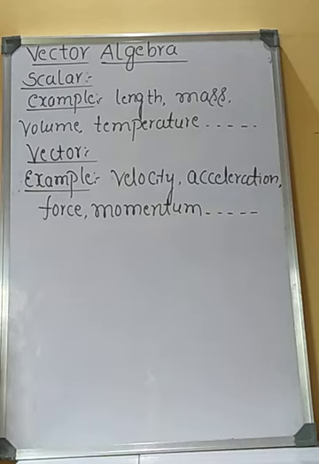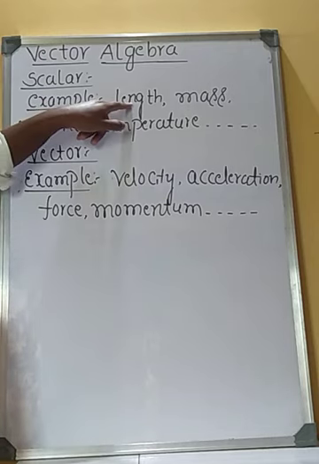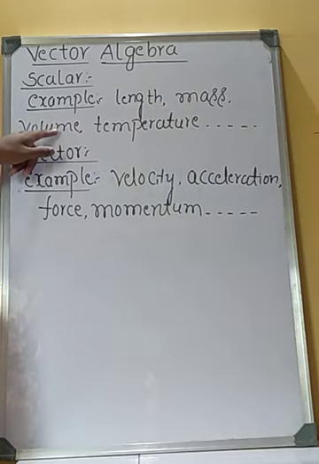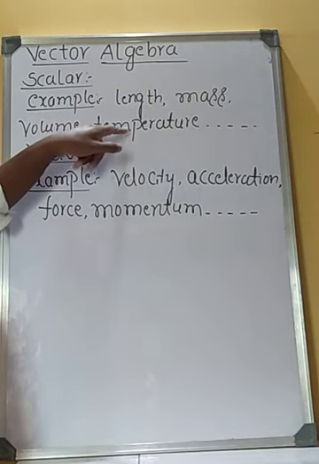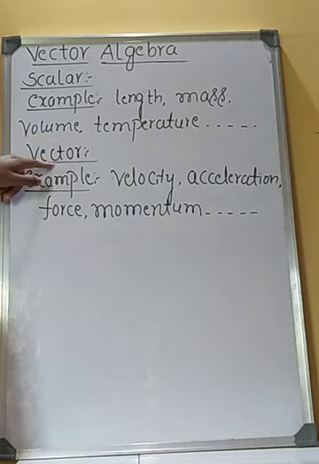Look here once again. What is the definition of scalar? A scalar is a quantity having only magnitude but not related to any direction in space. For example, length, mass, volume, temperature, etc. The next, definition of vector.